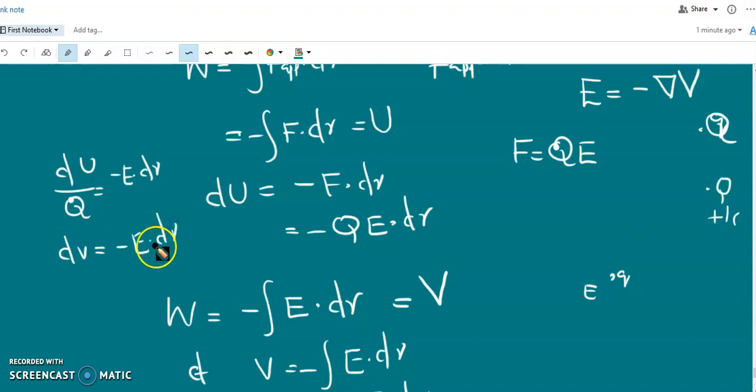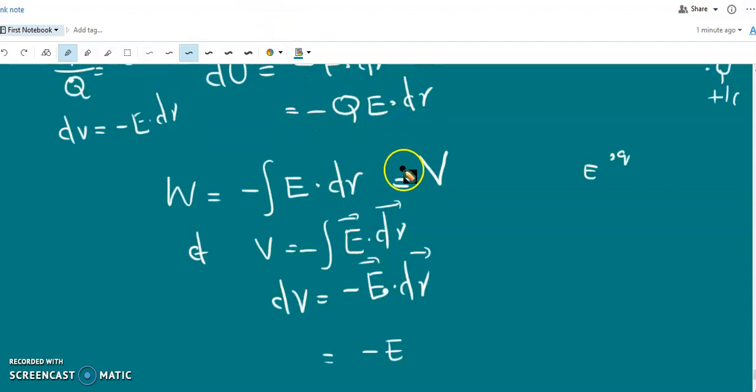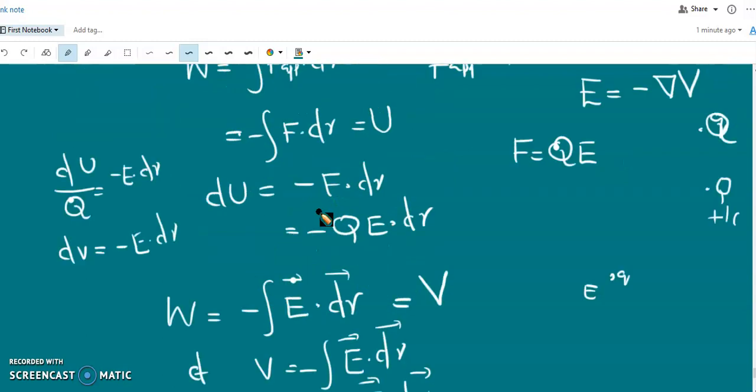So this is already known. So E dot dr is nothing but minus magnitude of E. These are all vectors, remember. The electric field is a vector and dr is another vector, the displacement vector. The dot product of these two vectors is a scalar, and therefore the potential is a scalar.